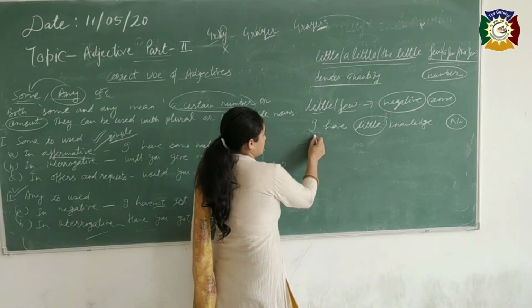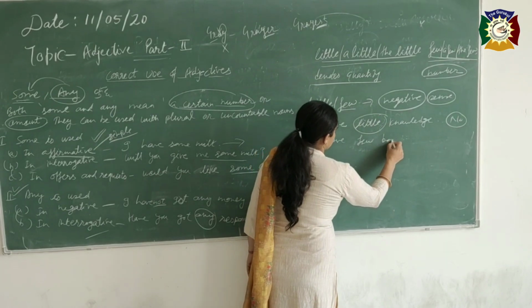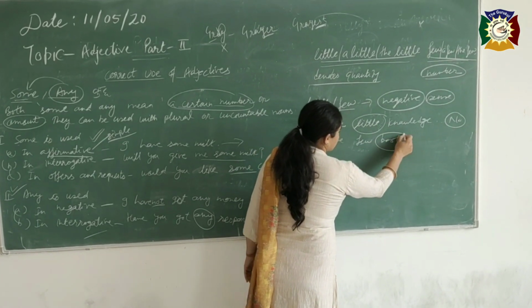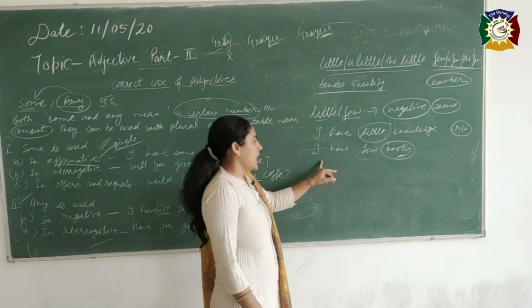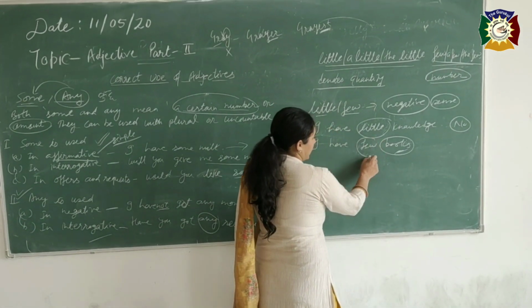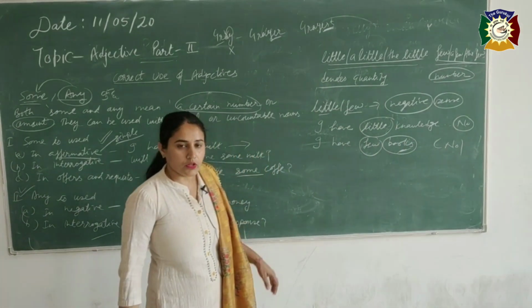Few, I have few books. It comes with plural nouns, which are countable. Few means almost no books. At least you are not having any book.